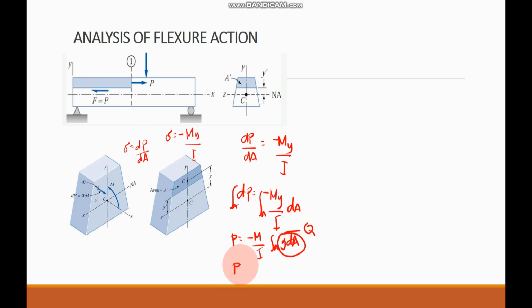That's why we have P is equal to negative M multiplied by the static moment of area all over the moment of inertia. This would now be the resultant force acting on phase 1 of the body. So P is equal to negative moment multiplied by the static moment of area all over the moment of inertia that is acting on phase 1 of the body.